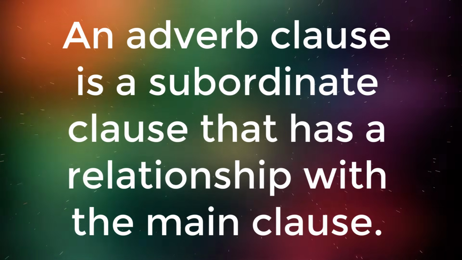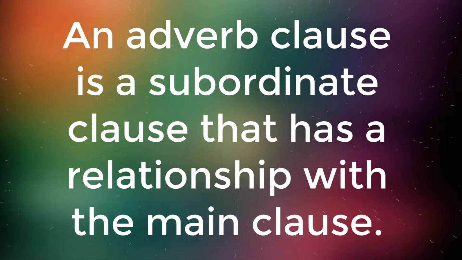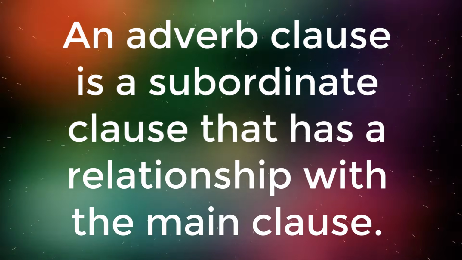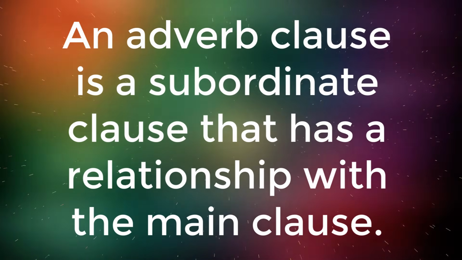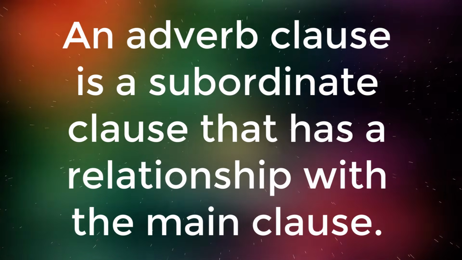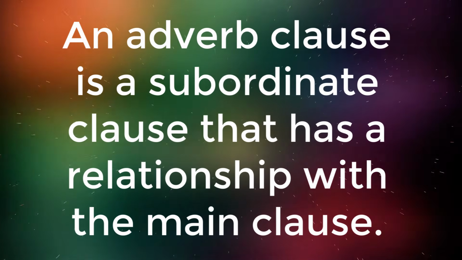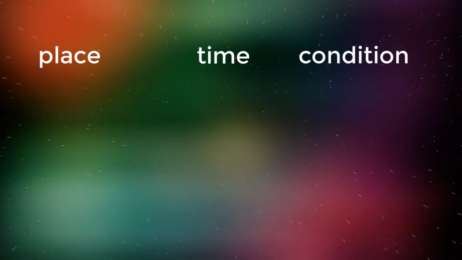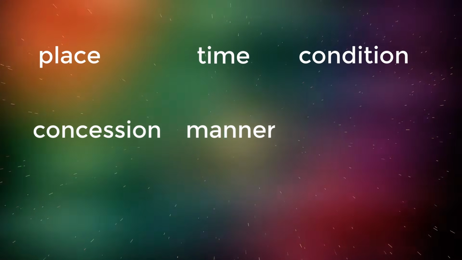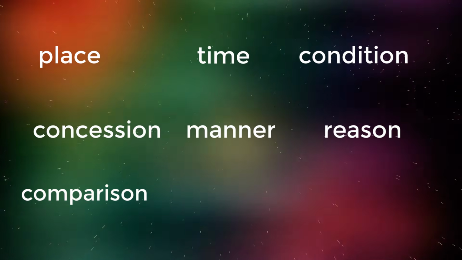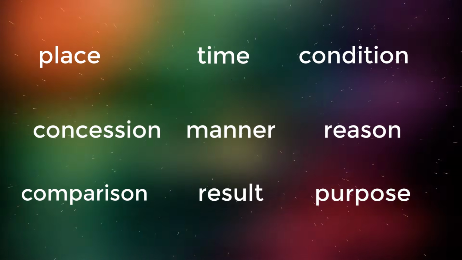In other words, an adverb clause is a dependent or subordinate clause that has a relationship with the independent or main clause. Adverb or adverbial clauses may answer questions of place, time, condition, concession, manner, reason, comparison, result, purpose, and more.